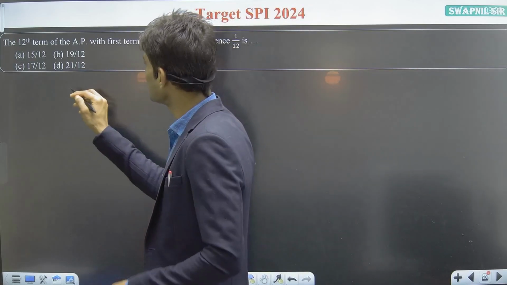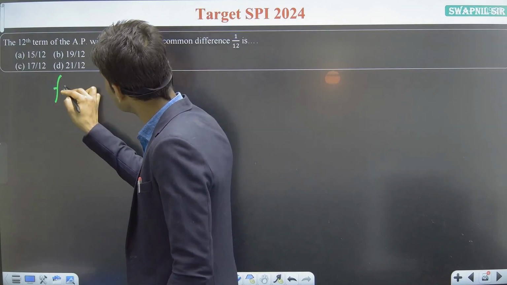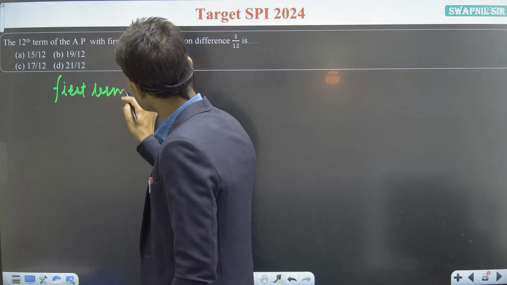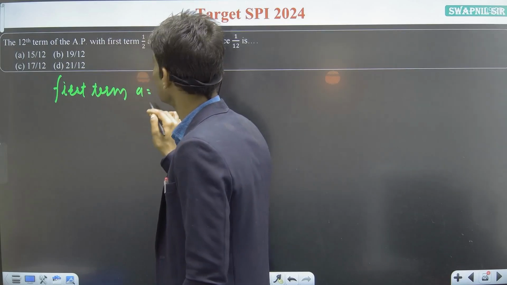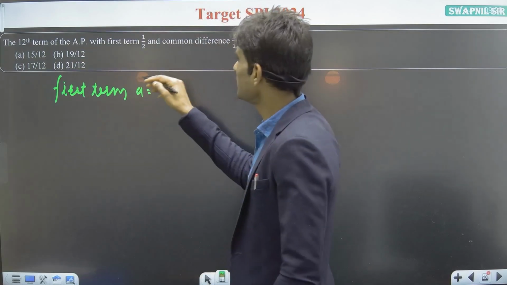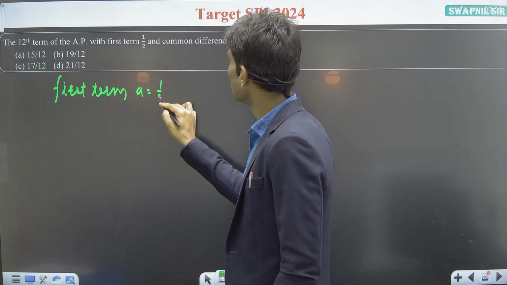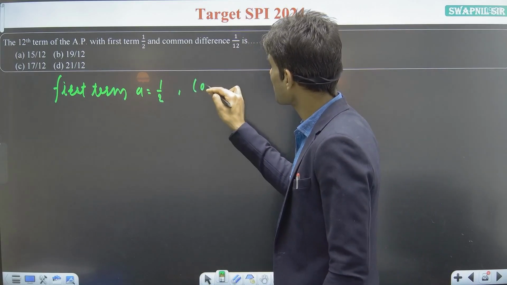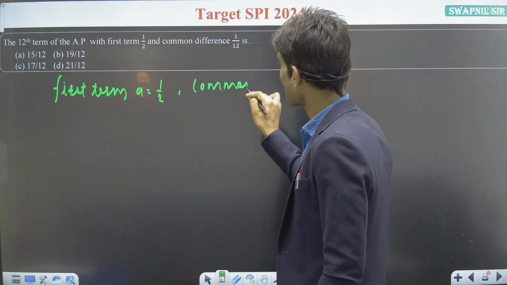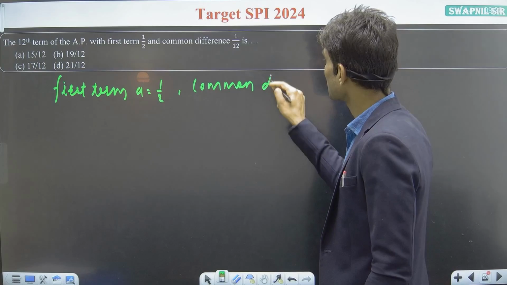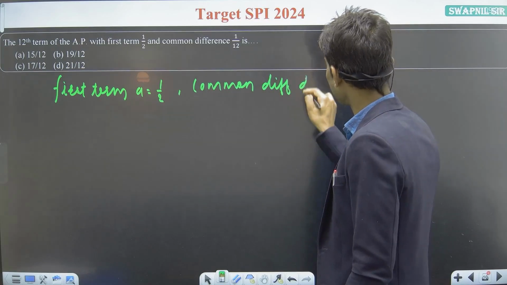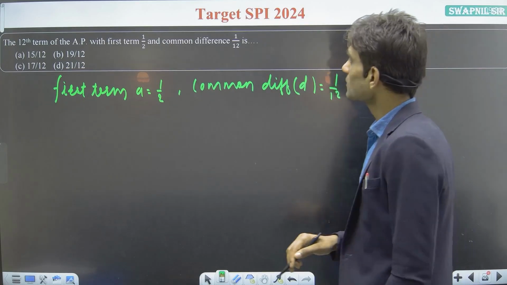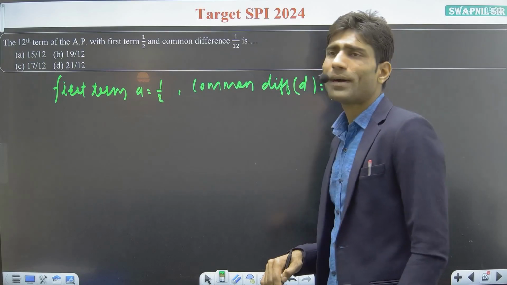We have the first term A equal to 1 by 2, and the common difference, denoted by small d, is also given as 1 by 12.